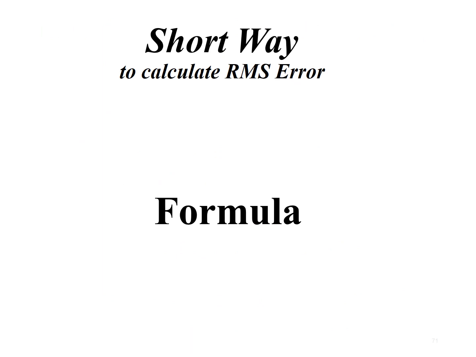Depending on the size of your data set, the long way might take a few minutes or it might take hours to calculate. In the example we gave in class, we had 700 individuals in that data set. So imagine calculating the error for 700 individuals, squaring that error, finding an average of that error, and then finding the square root. It's going to take a while.